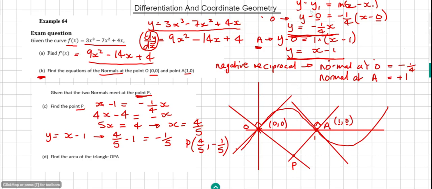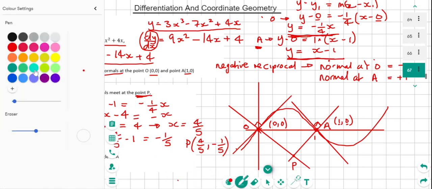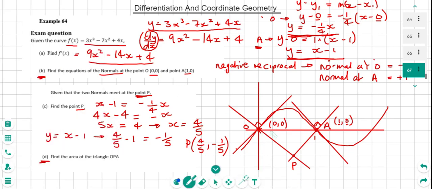The next thing we need to do, in part D, is find the area of triangle OPA. I'll change the color of my pen here so we can see what we're doing. What we're looking for is the area of this triangle.